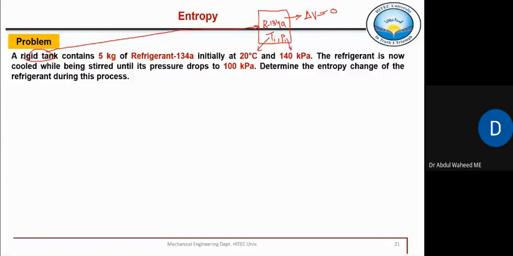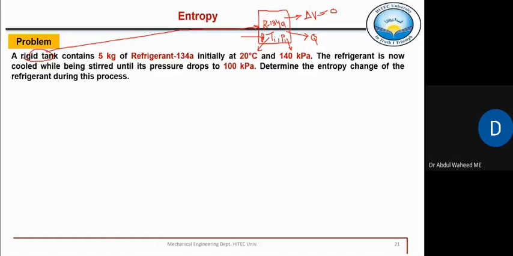The refrigerant is now cooled, which means heat is removed from it while being stirred. Because there is a stirrer, which makes the refrigerant stir, and heat is removed from it.